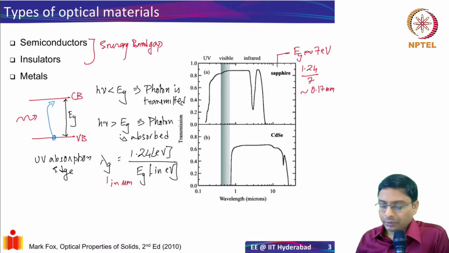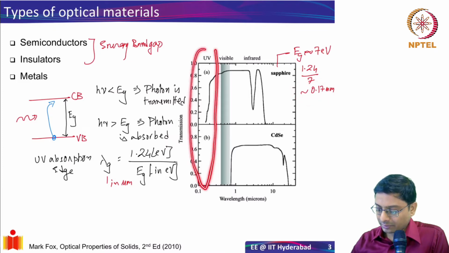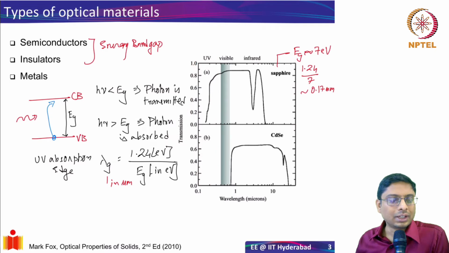Okay, so if you look at the spectrum here, this is the transmission through the material, of some thickness, probably a few millimeters, and the various wavelengths, how they are transmitted. You see that below this edge, which is UV, so this part is essentially the UV part of the spectrum, short wavelengths, less than 300 nanometers is usually called UV.